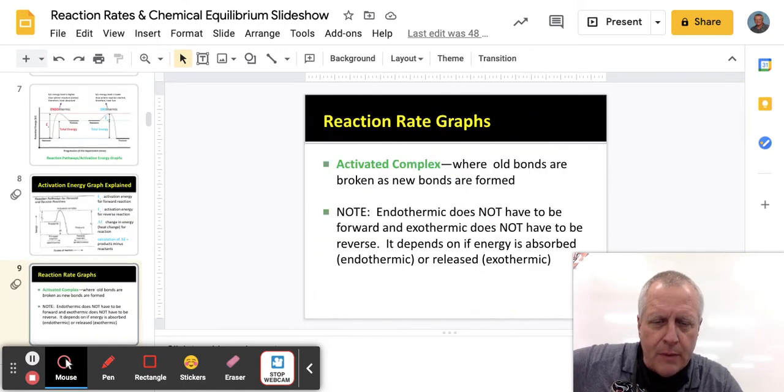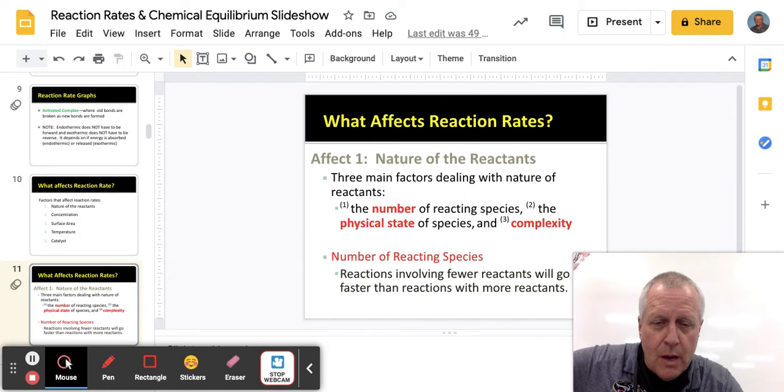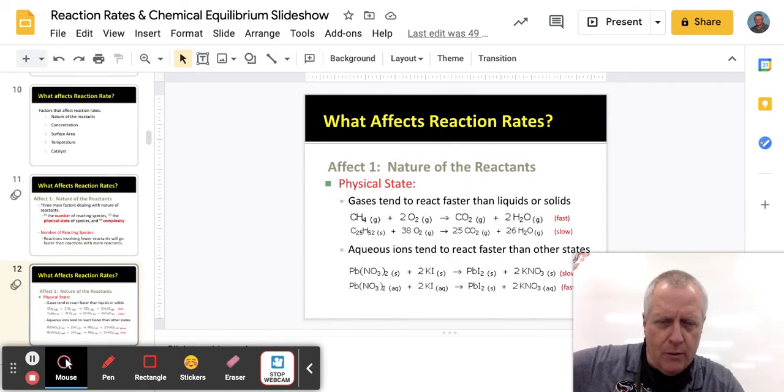More about that. The whole thing is known as an activated complex, where bonds are broken and reformed. And here's a list of some of the factors that enter into the rates of chemical reactions. For example, the number of reacting species, the particles that we're reacting, has a role in that, in the sense that the more there are, the better the reaction rate.